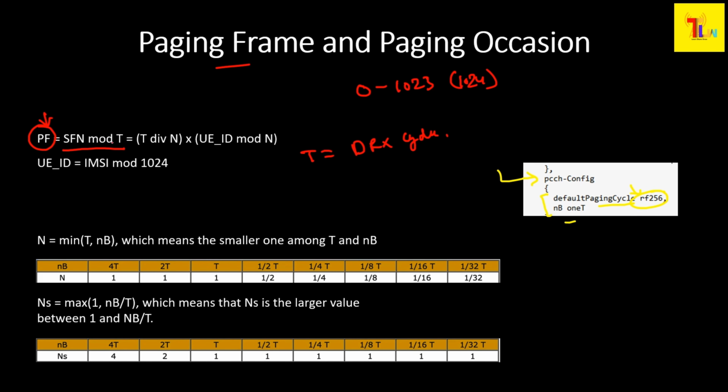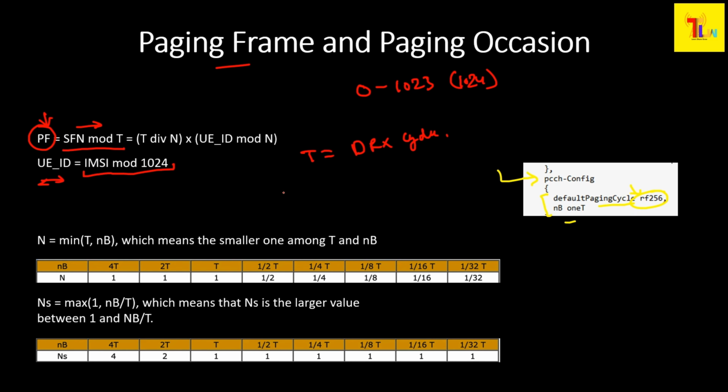So the paging frame as per 3GPP, the formula will be SFN mod T, where T is your DRX cycle, equals T divided by N, into UE_ID mod N. UE_ID will be your UE identity, that can be a 15 digit number. That UE_ID is basically your IMSI mod 1024, which includes your 15 digit number.